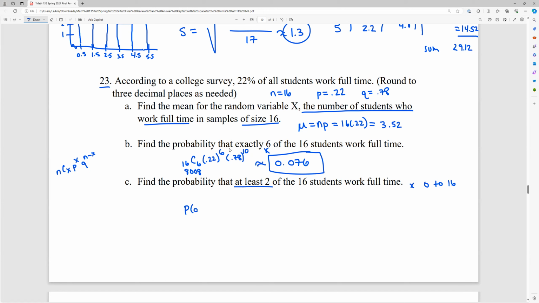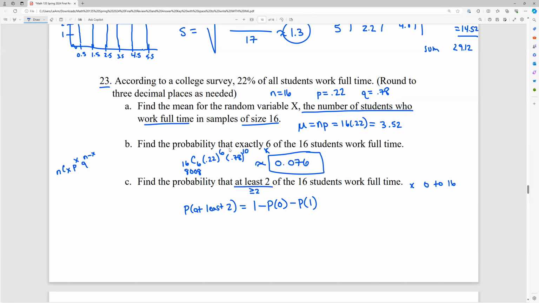So the probability of at least 2 is 1 minus 0 people working and also minus 1 person working full time. Okay. That's everybody else because 2 to 16 is what they asked for. At least 2 is greater than or equal to 2. So I'm going to do 1, which is total probability for the whole group, like for every possibility, minus these 2 specific scenarios.